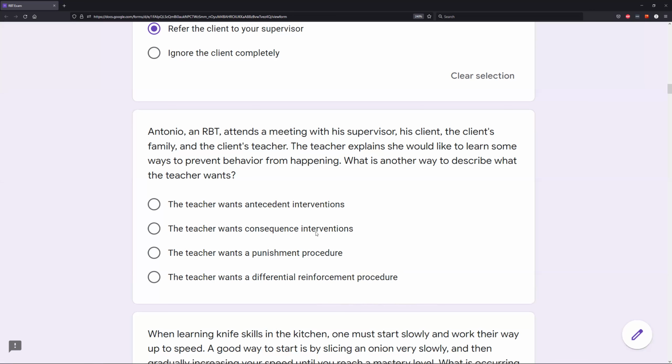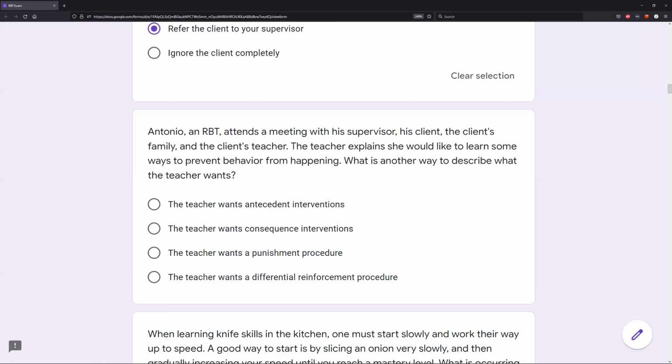We know punishment happens after the behavior, okay? So those are reactive. Same with consequences and same with differential reinforcement. All these things are reactive, okay? After the behavior occurs, we react to the behavior, okay? And by providing consequences through differential reinforcement, punishment, whatever it may be.